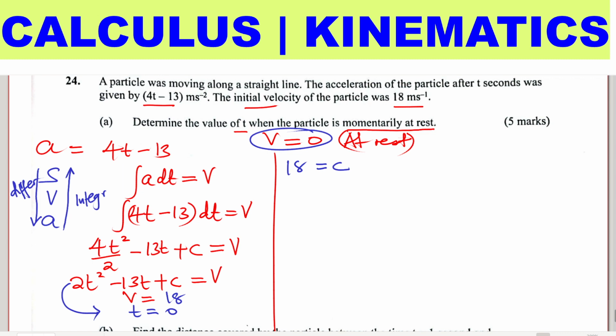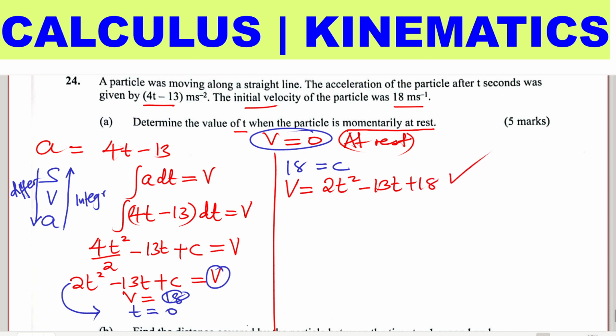Simply, I'm substituting v with 18, and where we have t, I substitute 0. You'll get c as 18. Therefore, velocity is now given by 2t squared minus 13t plus 18.